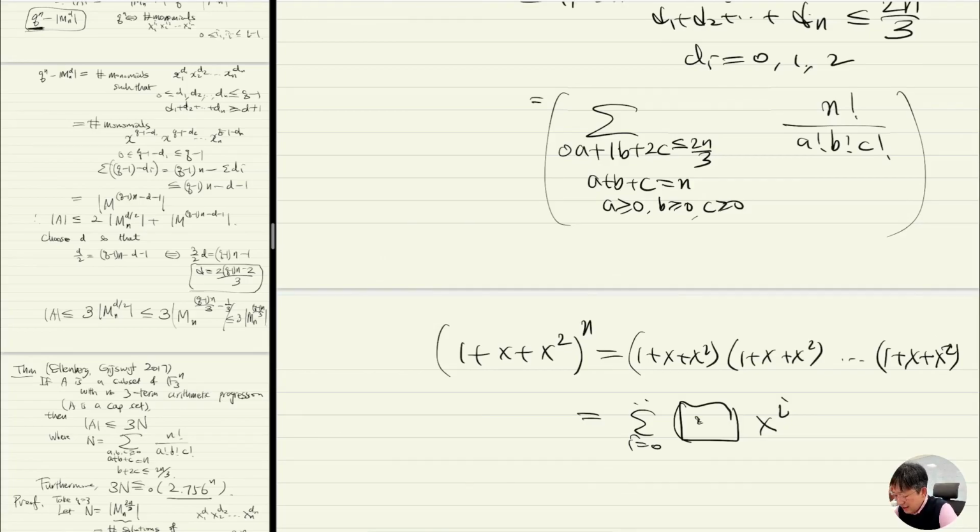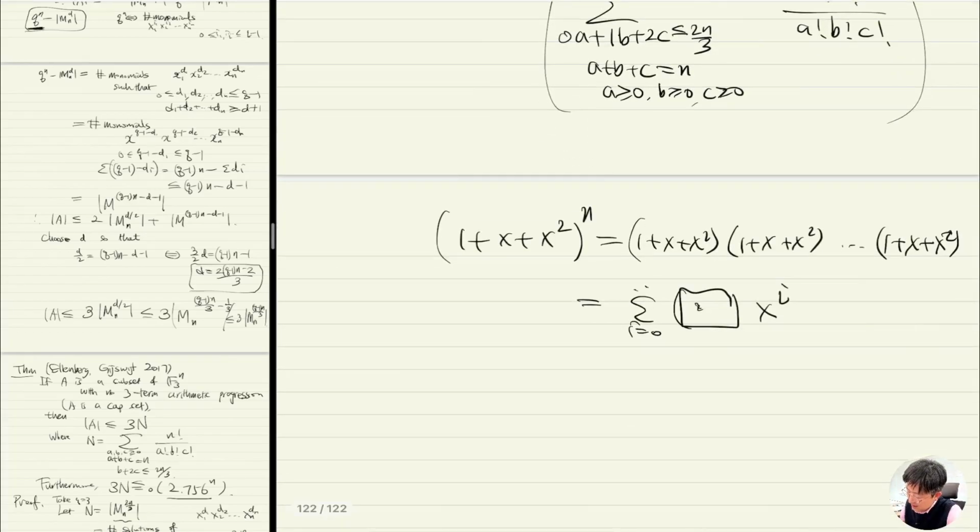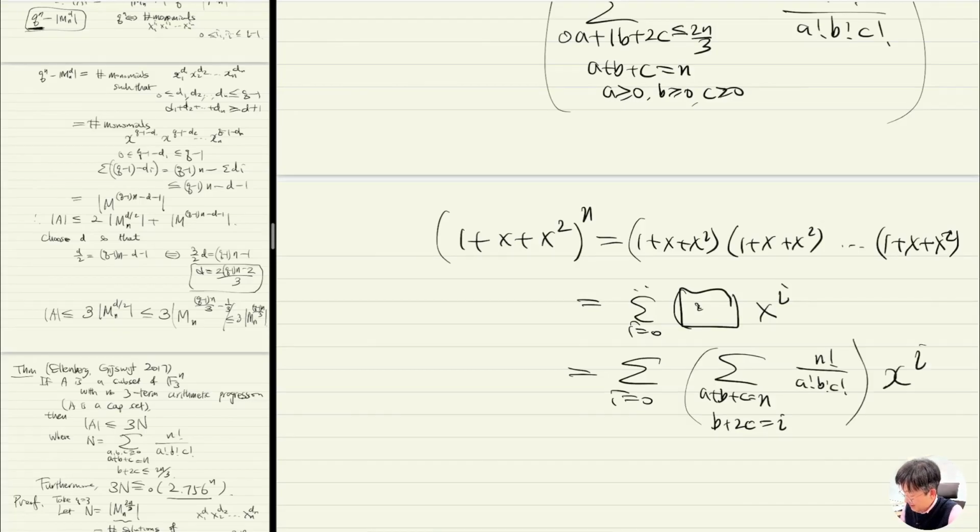And then you can see from this observation that a plus b plus c is n, and b plus 2c is I, and then n factorial over a factorial, b factorial, c factorial times x to the I. That's the expansion.